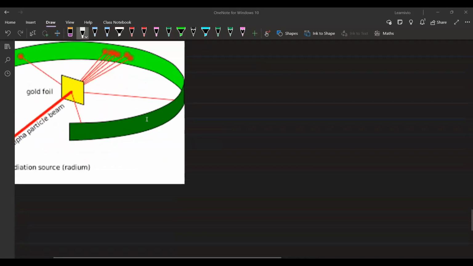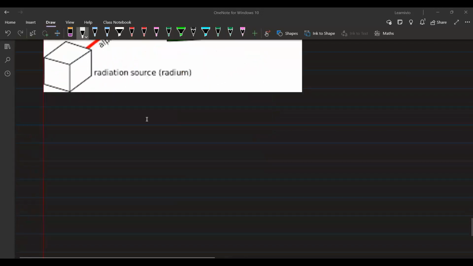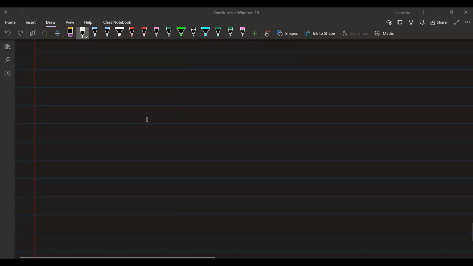Now, we have got various models. The next model is Bohr's model. But in order to understand how the Bohr's model came to be, most of the observation and the experiment was done only by that cathode ray experiment.